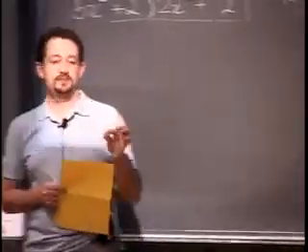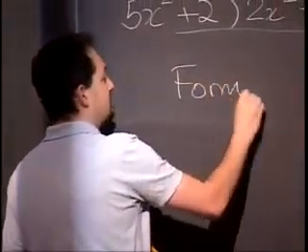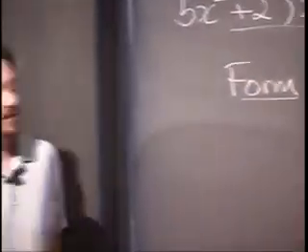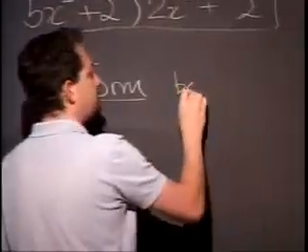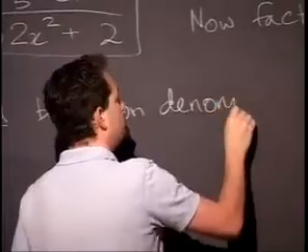Now here's the critical thing. What we're going to do is bust this integrand up into a whole bunch of pieces. And to know what the pieces are, you have to know the form. There is a form of the solution, and that is based on the denominator. Not the numerator.